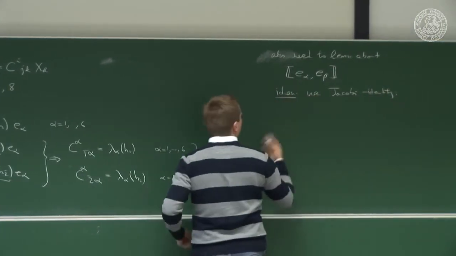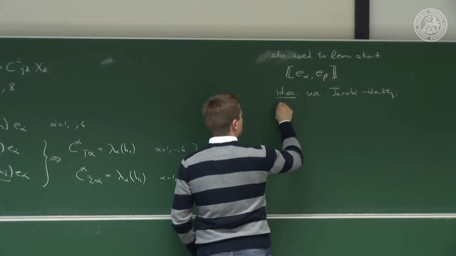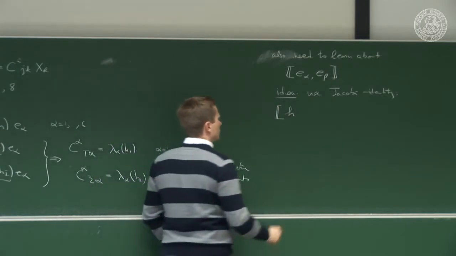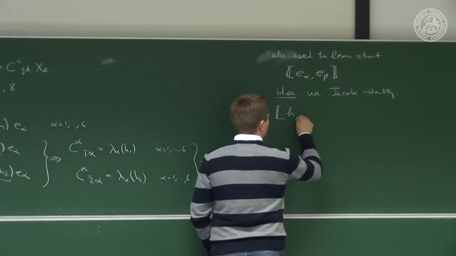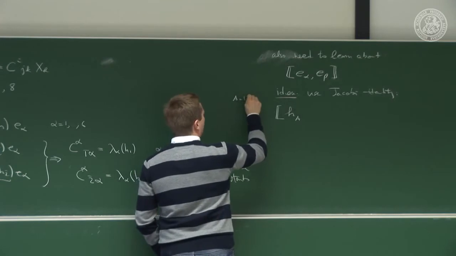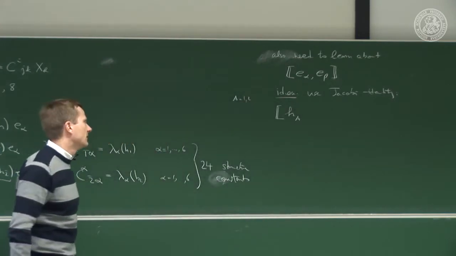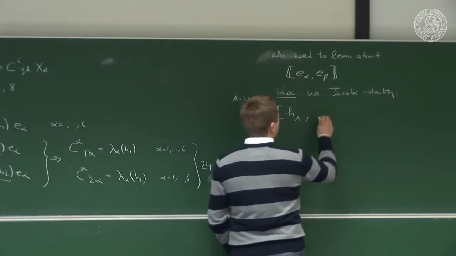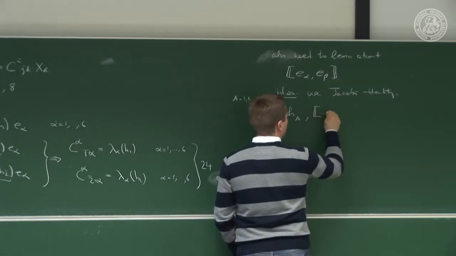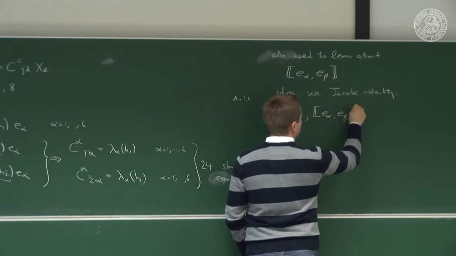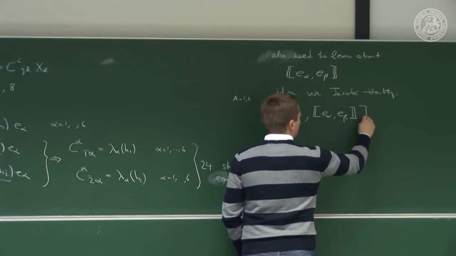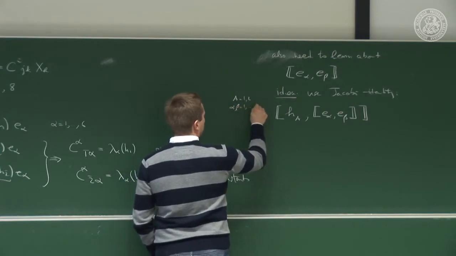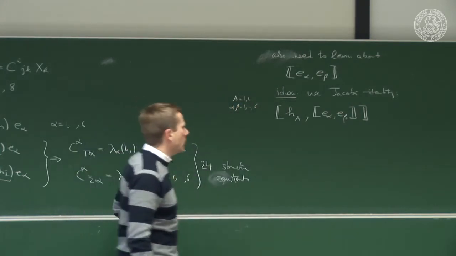We need to use some H to learn something, so take one of the H's, let's call that H with a capital index A. So A then runs from 1 to 2. We're here firmly in this basis representation. H_A, and we then take the bracket with an E_alpha and an E_beta. And so we take these nested brackets, alpha, beta running from 1 to 6. And we hope to learn something.